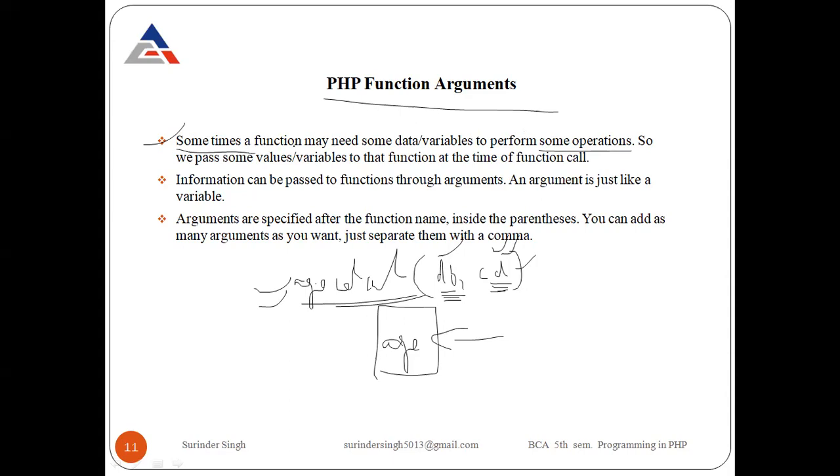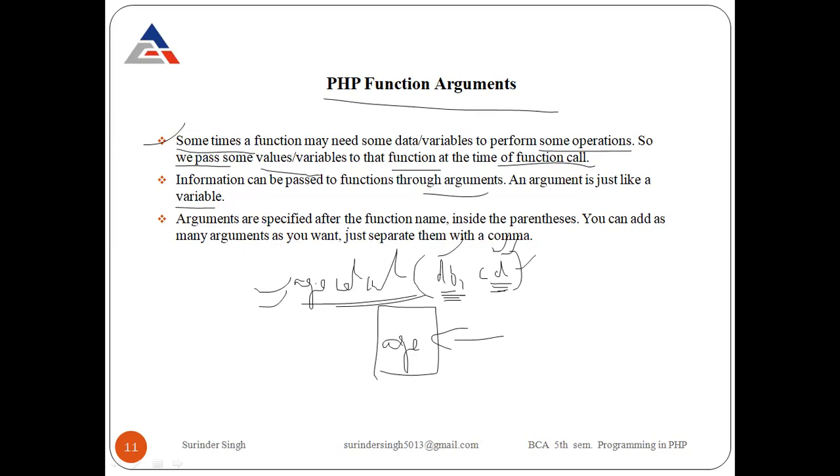Sometimes a function may need some data or variables to perform some operations, so we pass some values or variables to that function at the time of function call. When we call that function, we have to pass some values if the function accepts some data. Clear? Information can be passed to a function through arguments, and an argument is just like a variable.